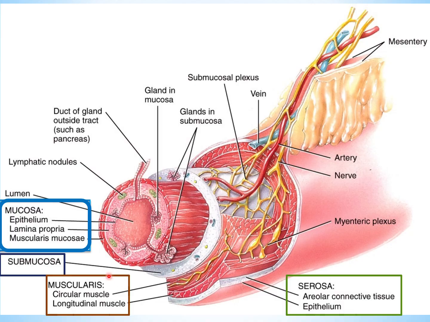Don't mistake that for the muscularis layer. There's actually a very thin layer of smooth muscle right in the mucosal layer. Then you have submucosa. Then you have the muscularis, the circular and the longitudinal, or if you're in the stomach, a third oblique. And then fourth, you have the serosal layer, the outer connective and epithelial surface.